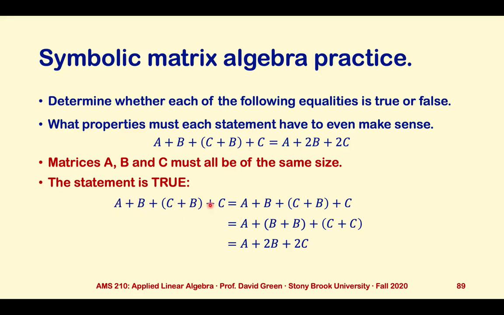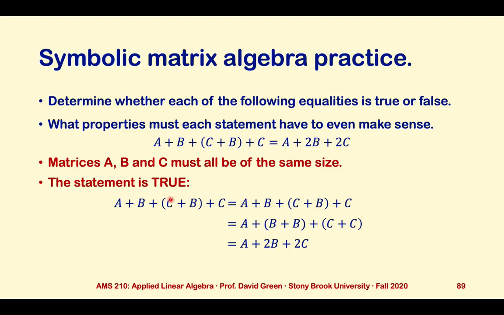Matrix addition is associative, so we can move the order around, and commutative, so it doesn't matter the order of the matrices in the sum. And so we can just move these around rather than computing C plus B first.